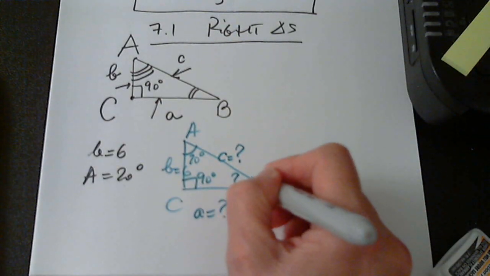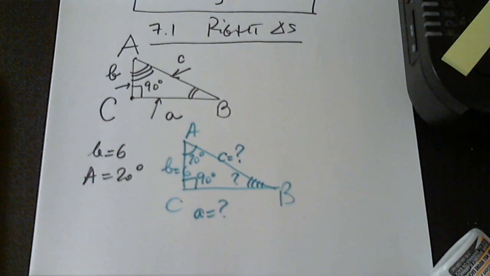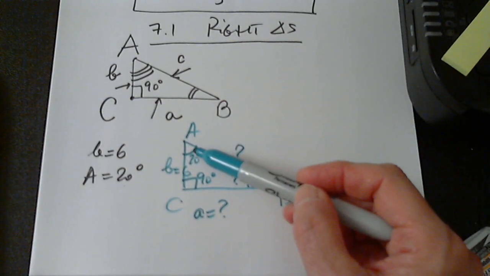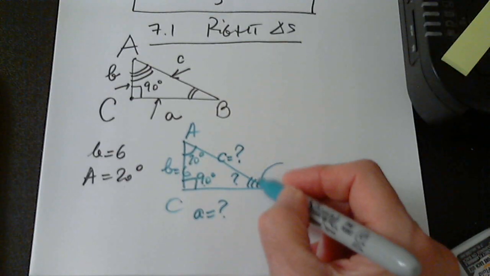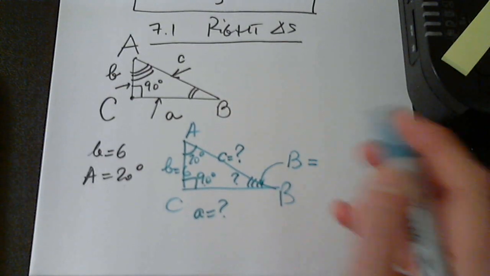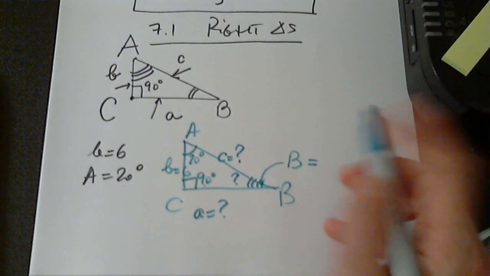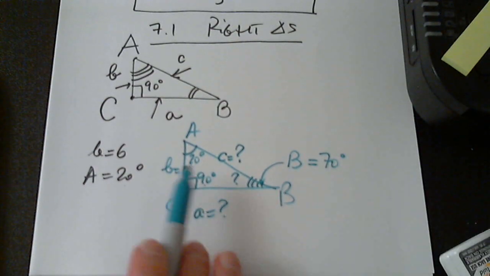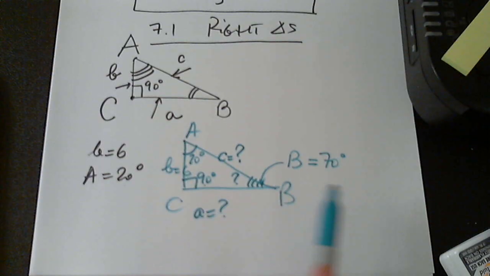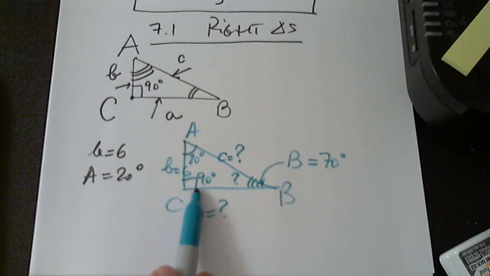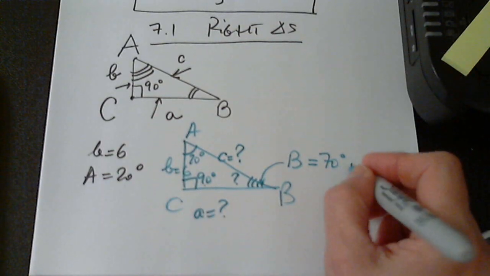And of course, this is angle B. All we know, angle 20, angle 90. Can anyone give us angle B immediately? 70. Of course, because 20 plus 70 the sum has to equal 90. Why? Because 90 plus 90 has to equal 180. So that is very clear.